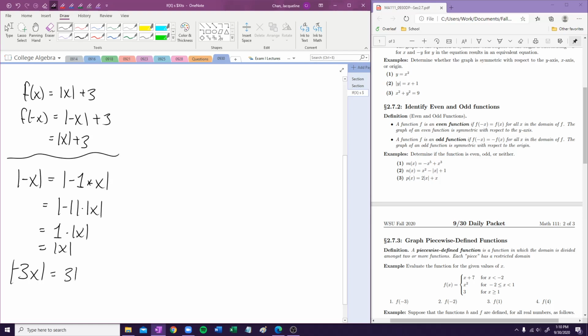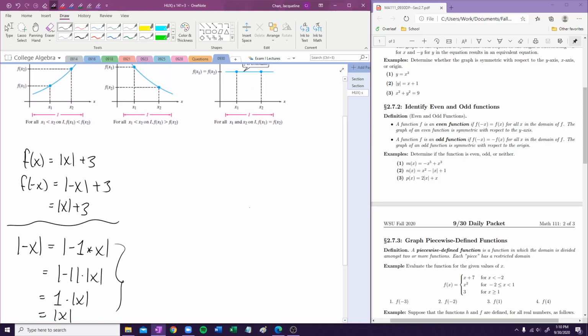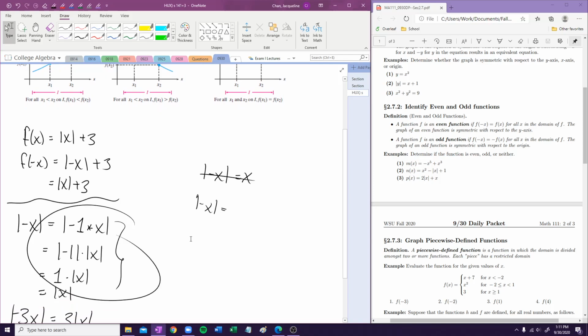This is 3 times the absolute value of x, using the same steps as here. Some of you, that's just to clarify, because I did ask what is the absolute value of negative x. It does equal the absolute value of x. However, we wanted to keep the absolute values, so I just rewrote negative x a different way, which was this right here.